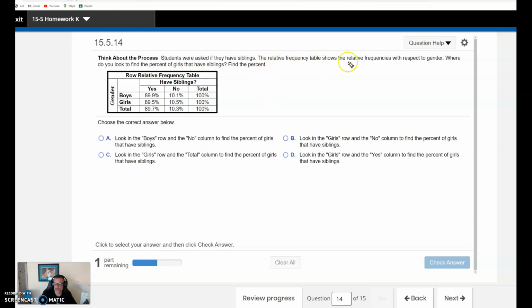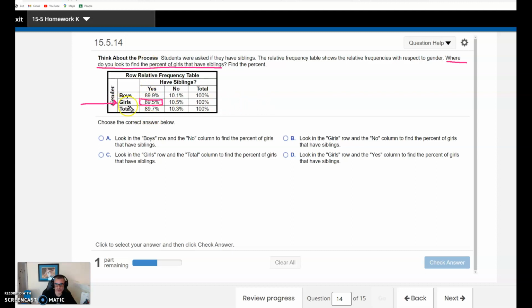The relative frequency table shows the relative frequencies. Where do you look to find the percent of girls that have siblings? That's the question. So I'm going to go to the girls row and look at the yeses. Remember, rows go left and right, columns go up and down.